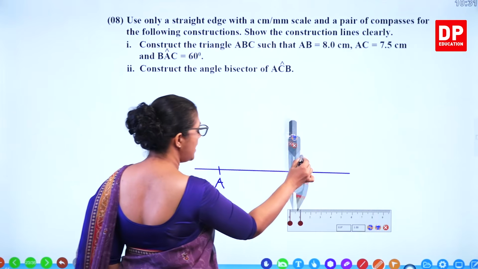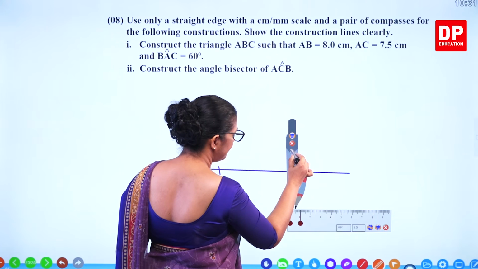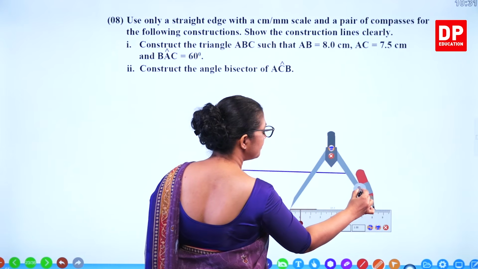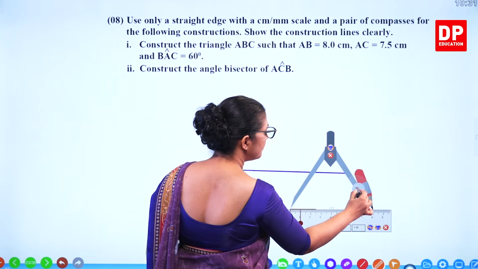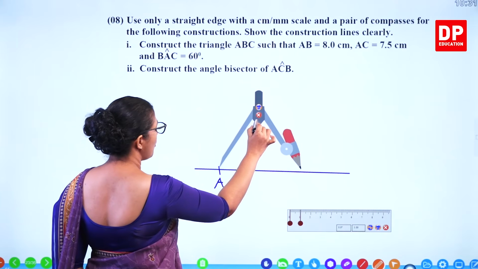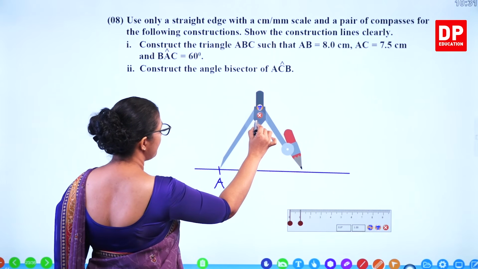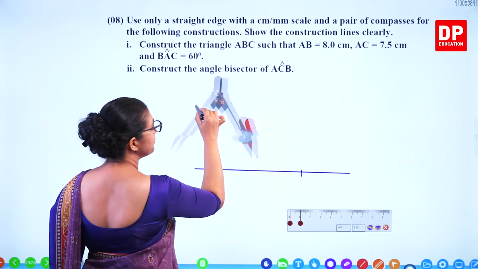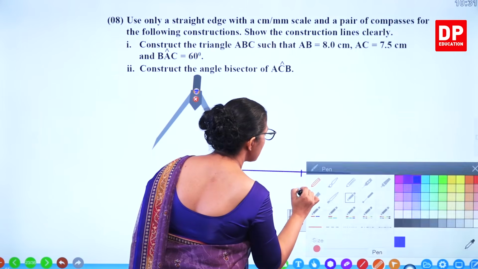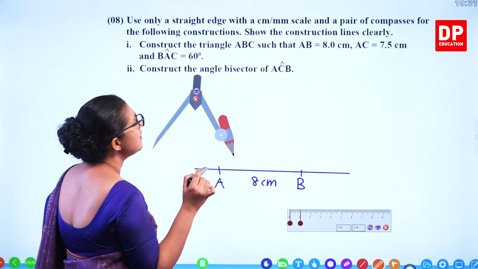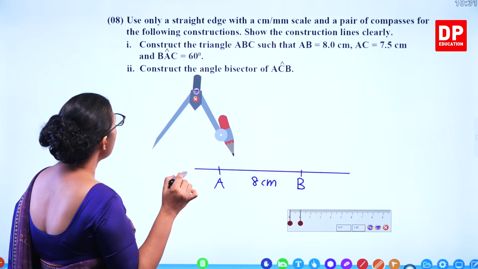We need an 8 centimeter length. You can keep on top of point A and mark point B. That's B, 8 centimeters.